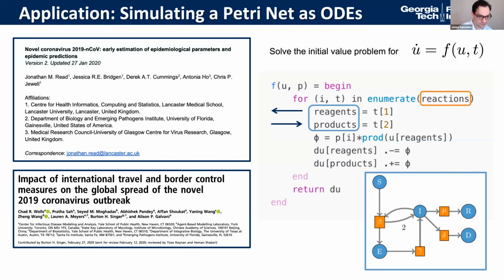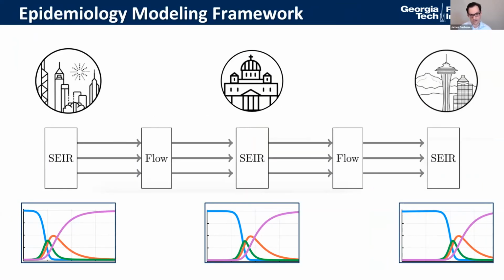These are two papers from January and February talking about how to plan, say, travel and border control to help contain the coronavirus pandemic. And they're very, very quickly churned out relative to the start of the pandemic. So we want to bring that time to develop a model down from weeks to minutes. So we're going to do that.